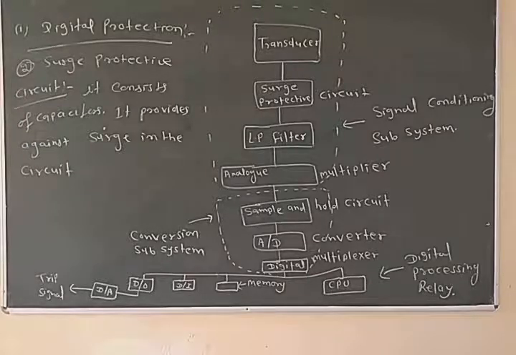Their replacement depends on the exact physical circuit arrangement used. So in practice, it is common to convert the measured secondary current into a low level voltage signal by means of a suitably connected burden or current to voltage amplifier arrangement. Next is the analog filter, that is the low pass filter. A low pass filter is necessary to perform analog filtering of the signal received from CT and PT.